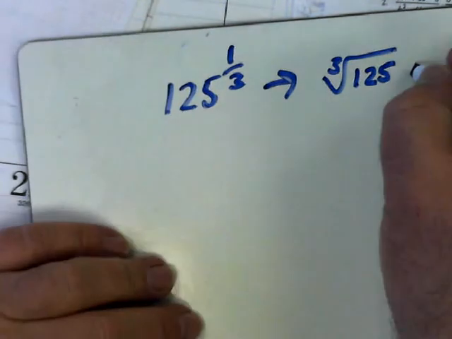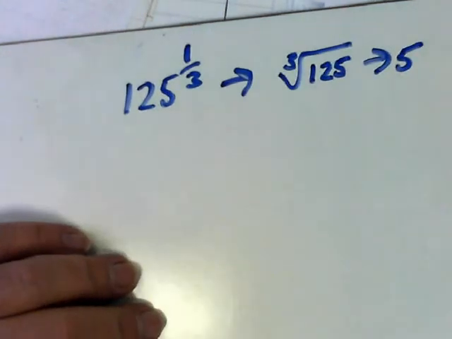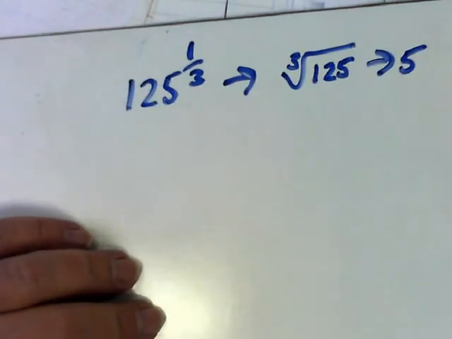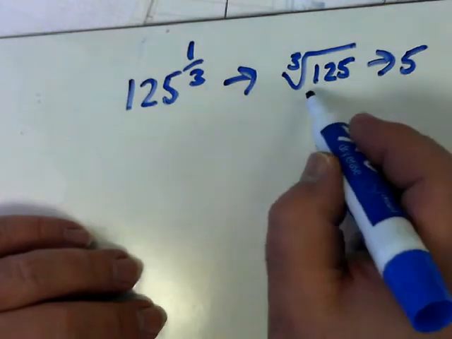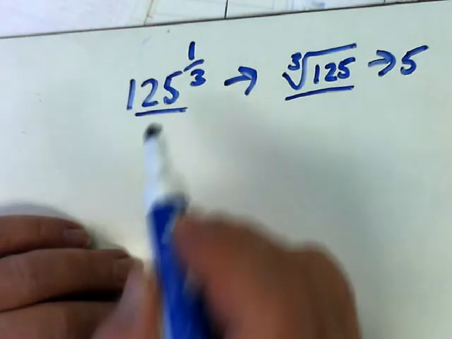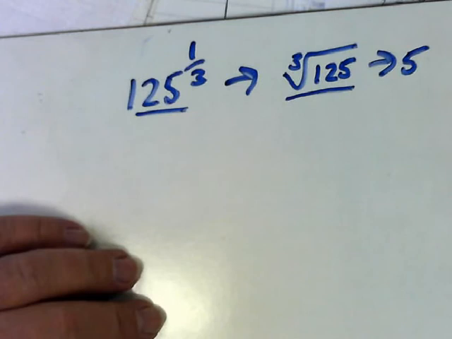And you're saying that it would be 5, right? Isn't it easier to work with it this way than it is this way for that particular problem? Yep. And they're both the same, okay?